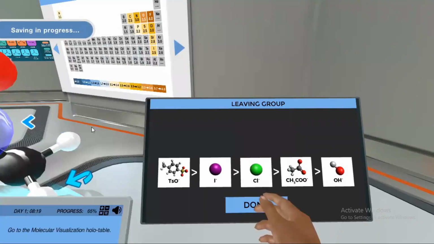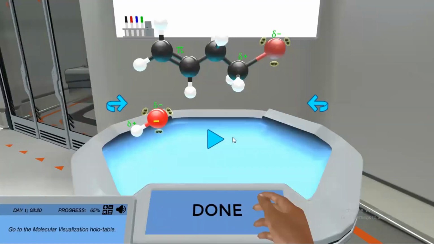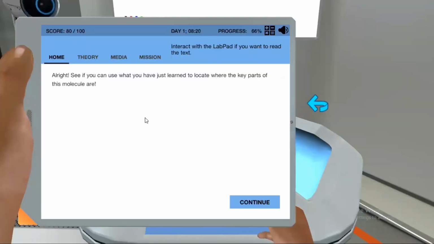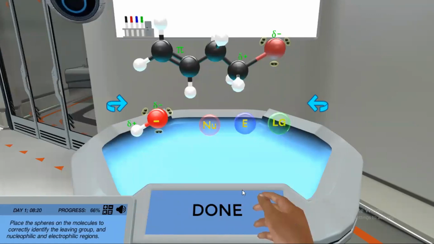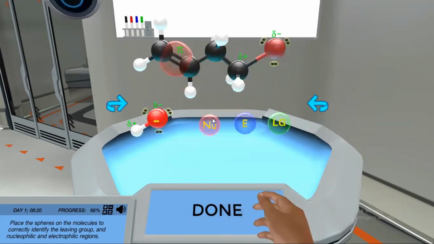Go to the molecular visualization hollow table. Alright, see if you can use what you have just learned to locate where the key parts of this molecule are. Place the spheres on the molecules to correctly identify the leaving group, and nucleophilic and electrophilic regions.